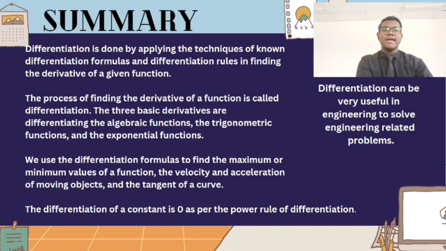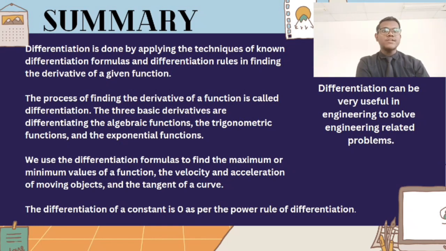Differentiation is done by applying the techniques of known differentiation formulas and rules in finding the derivative of a given function. The process of finding the derivative of a function is called differentiation. The three basic derivatives are differentiating algebraic functions, trigonometric functions, and exponential functions.